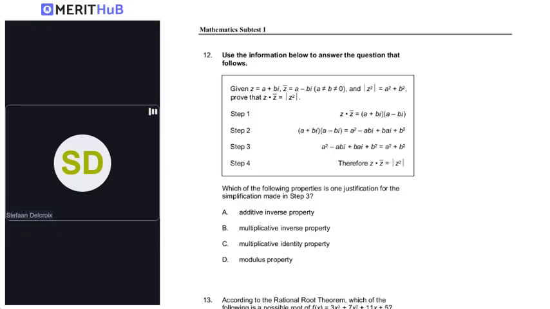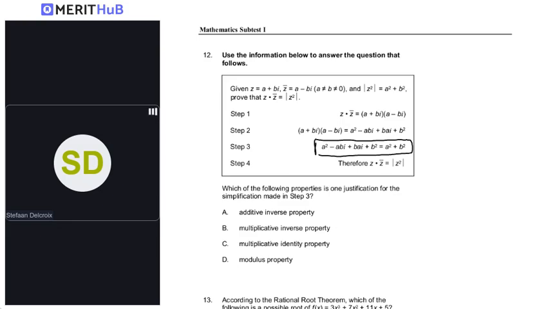And they're asking us, so they gave us there in short a proof, and they want us to say which of the following properties is one justification for the simplification made in step 3. So first you should realize, what did they do here in step 3? And then which one of these properties best seems to justify that?